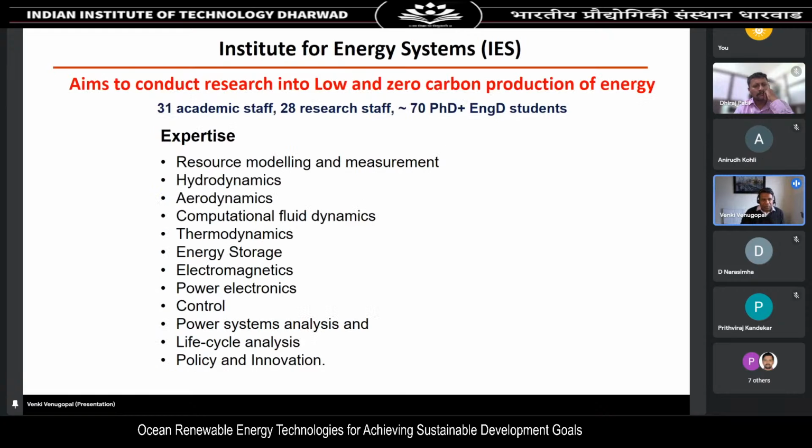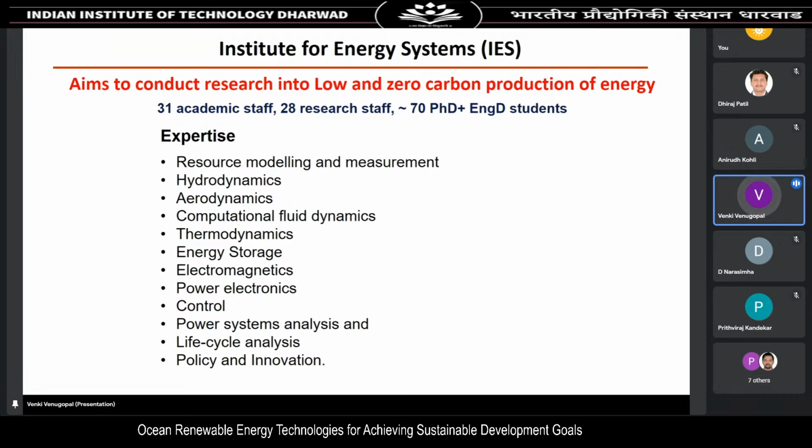Now I'm going to take you to my own institute, which is the Institute for Energy Systems. The aim of our institute is to conduct low and zero carbon production of energy. Probably the low is going to disappear very soon. It will become zero carbon production of energy very quickly.